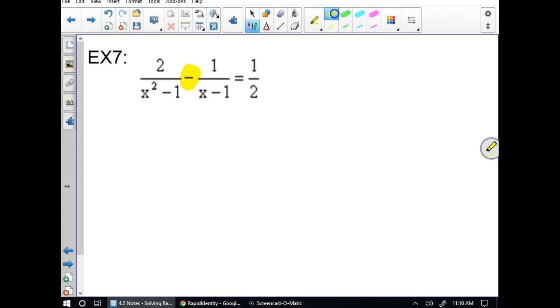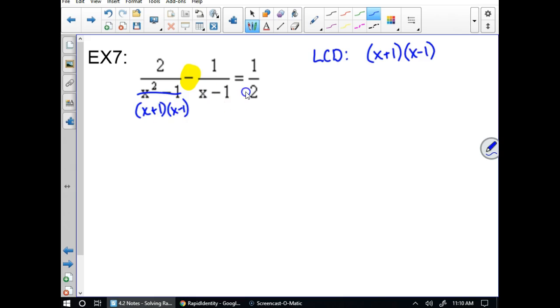Okay, so before we do anything, let's factor this one. It's going to be x plus 1, x minus 1. So our least common denominator. I know I have to have x plus 1, I have to have x minus 1, and then x plus 1, x minus 1.